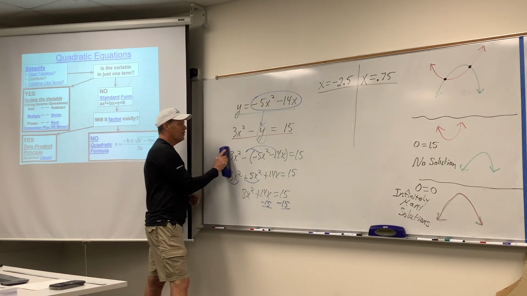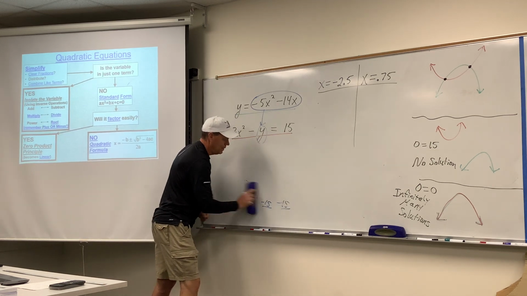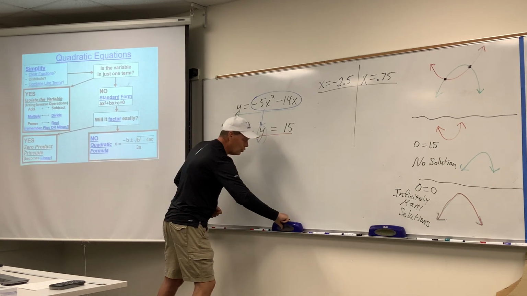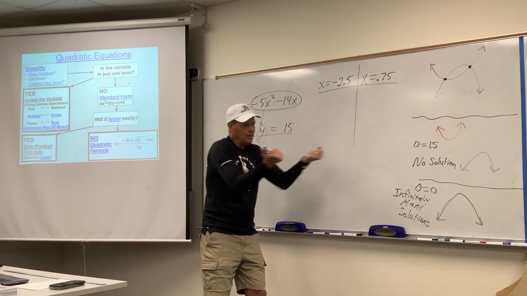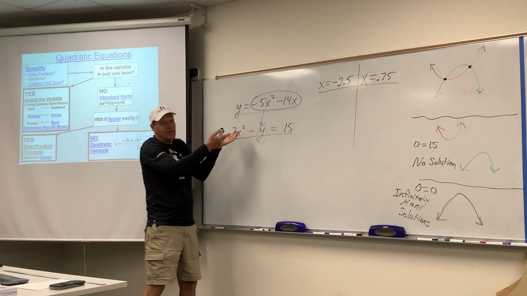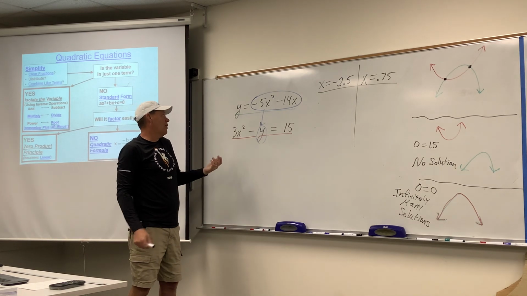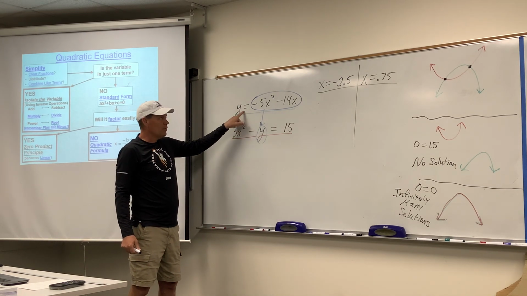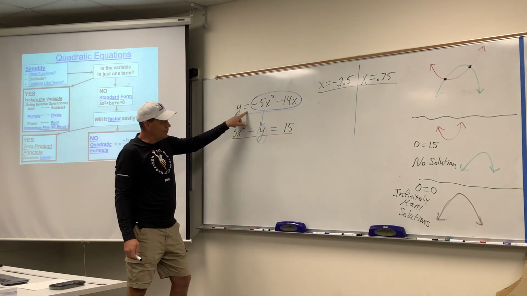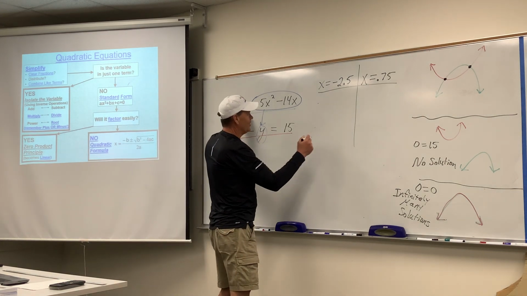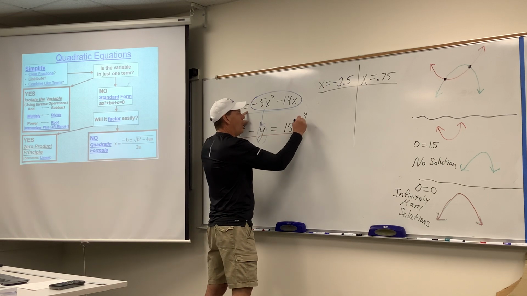Like we've been doing, once we begin discovering numbers, don't we substitute them back into one of these equations? My thought would be, if you want to know what y equals, you'd use the one that says y equals.